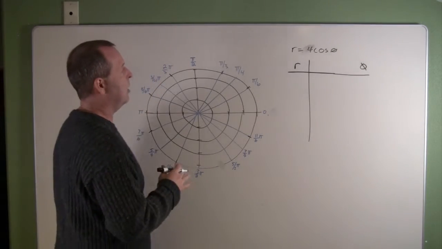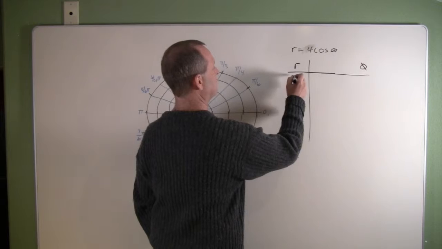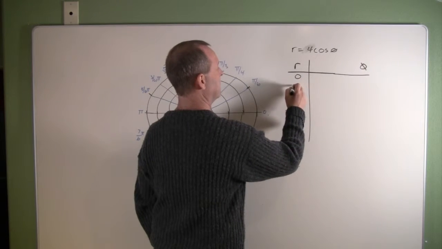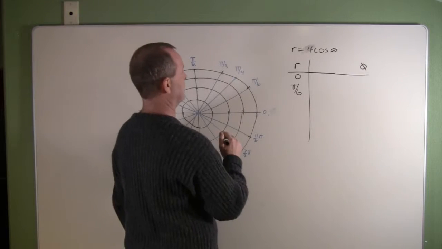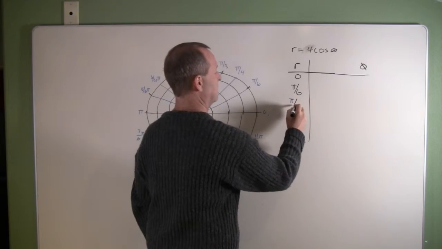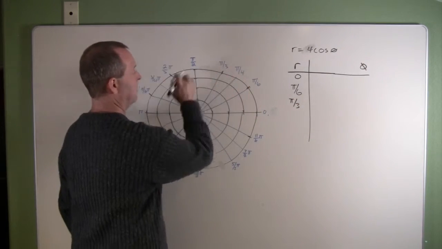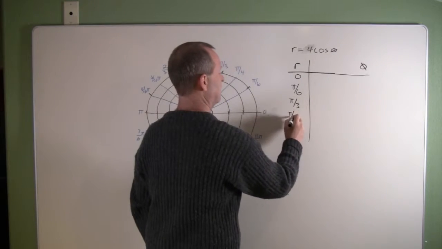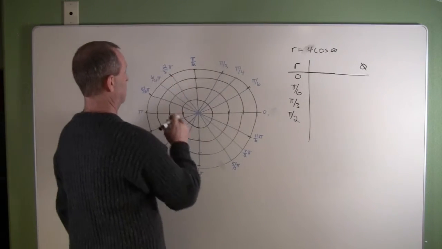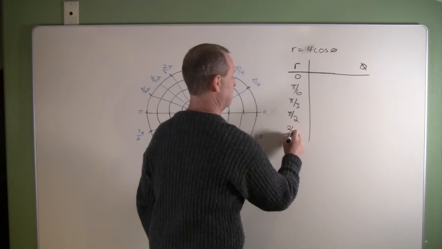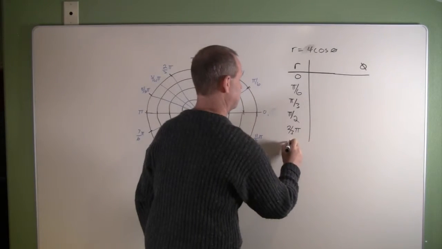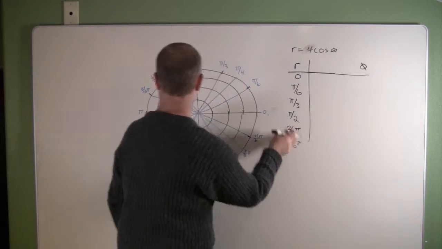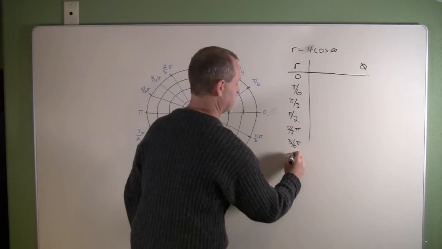I'm going to plot marks at 0, and then work my way around the circle every pi/6 of a move. So pi/6, pi/3, pi/2, 2/3 pi, 5/6 pi, and then pi.